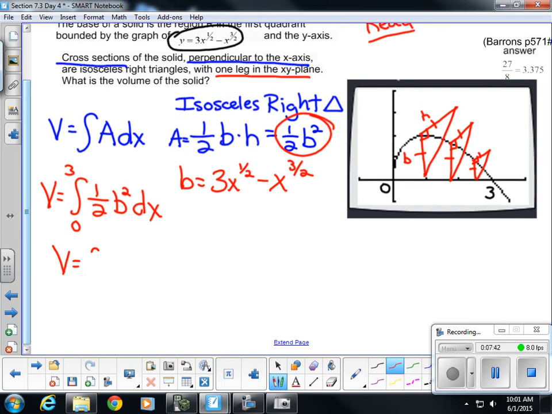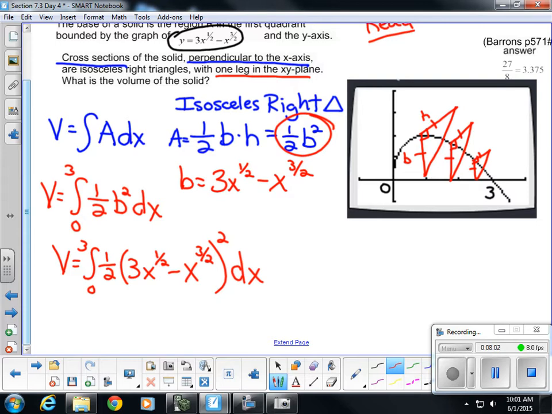Let's plug this in. Now, on some of the AP questions, they ask you just to write out the integral expression, and I think I've mentioned this before in the other videos. Some of them, they ask you to find the actual answer. So you need to be prepared to do either one of these.